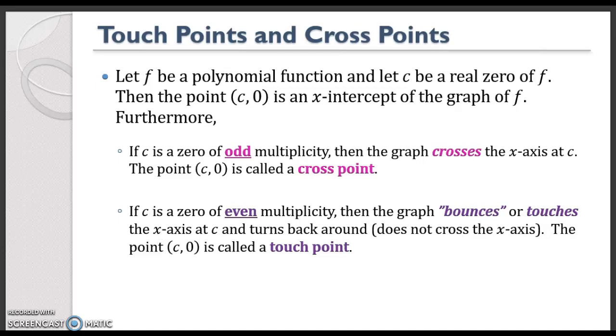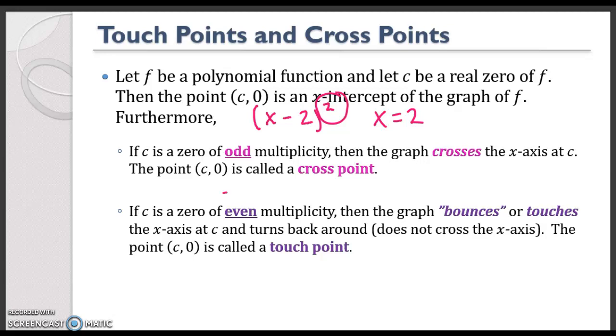So on that last problem, for instance, we had x minus 2 squared, I believe. This means that x equals 2 is a 0 2 times, right? Or it has a multiplicity of 2.